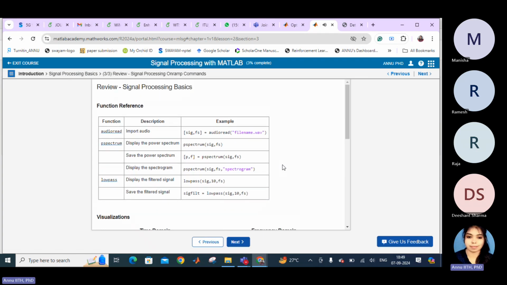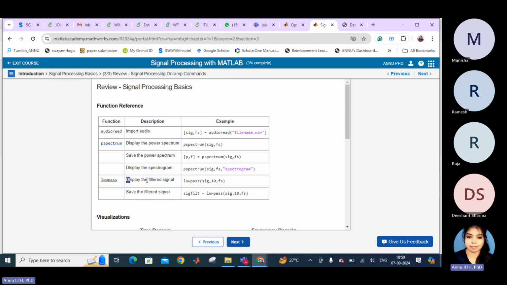So, review of some signal processing basics. Audioread was the input, with the audio file name. Power spectral density, pspectrum, saves the power spectrum at this frequency. Display the spectrogram with the input argument as spectrogram.